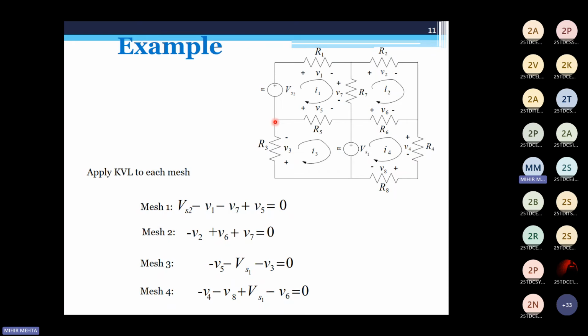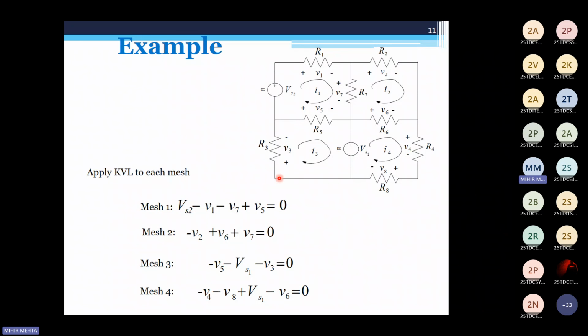Okay, now quickly implementing the equation in mesh 3, moving from the left side of R5 to the right side of R5. Now you are moving the mesh loop in the same direction as that of the current. So the V5 would be minus V5. Moving from top of VS1 to the bottom of VS1, we cross the positive terminal first, immediately followed by the negative terminal. So that becomes minus VS1.